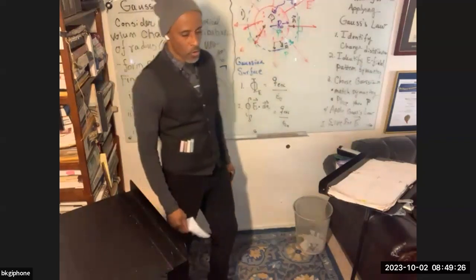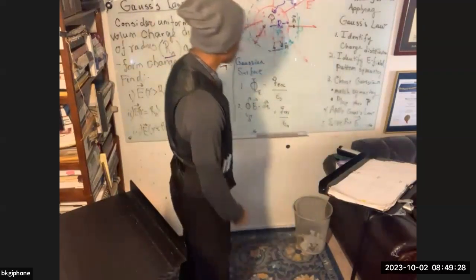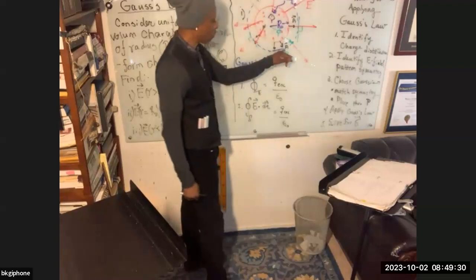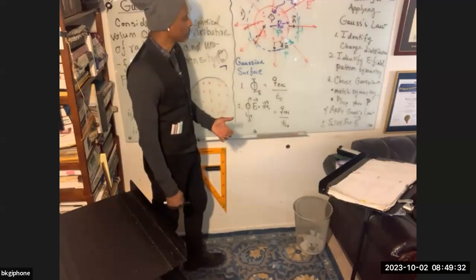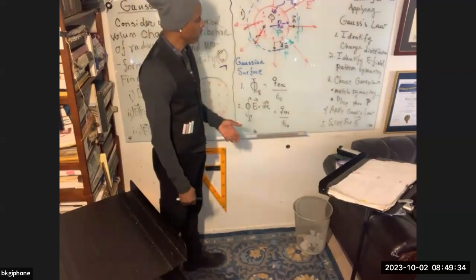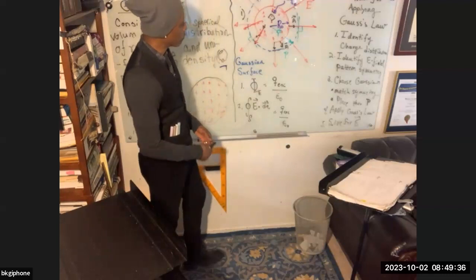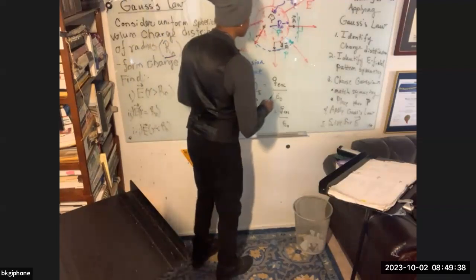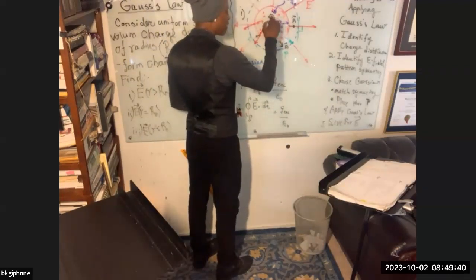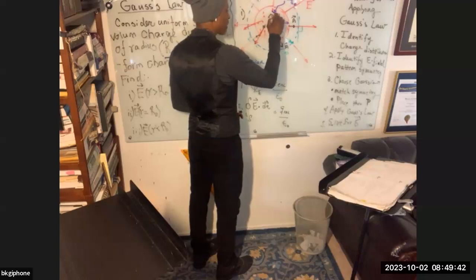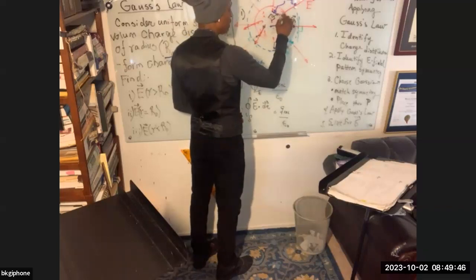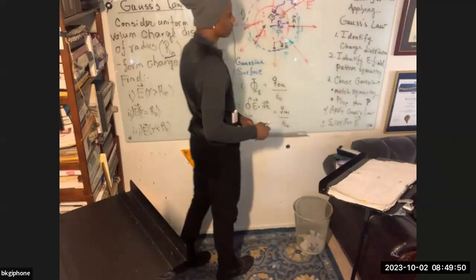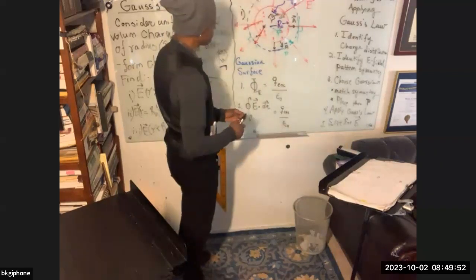So that's not the whole area A. I represented A here as the whole area, and I can do that if I'm talking about the whole area. But if I'm just talking about a small portion of the area, then it's just a dA. Still, the direction is going to be perpendicular to the surface of that little differential area.